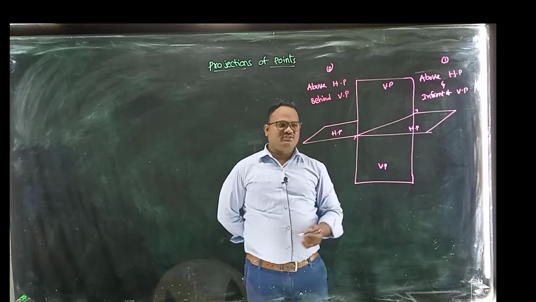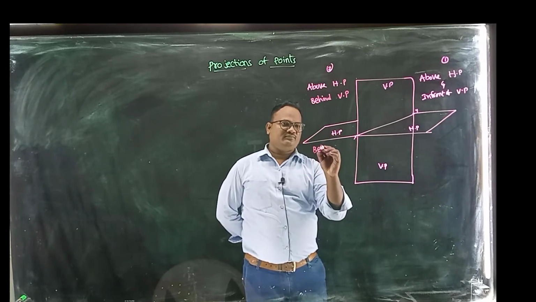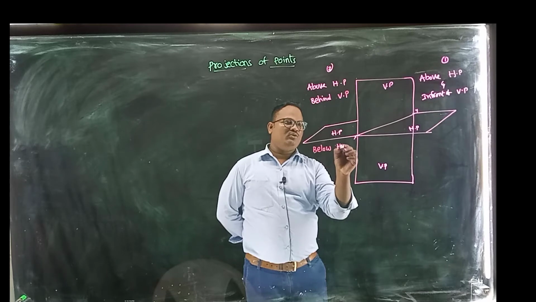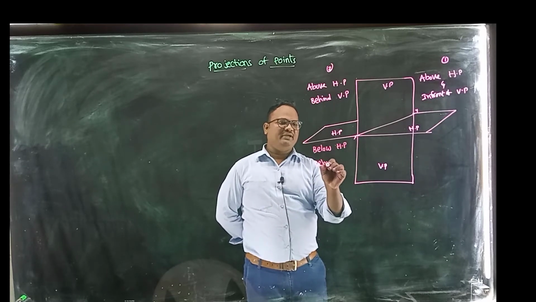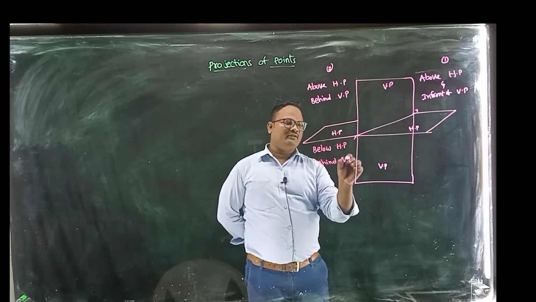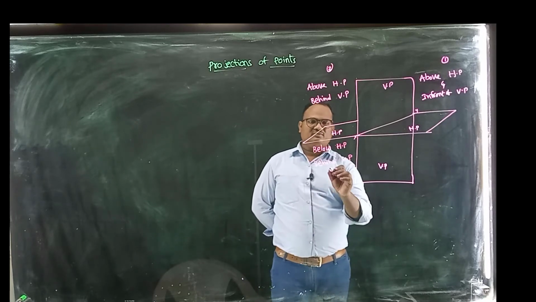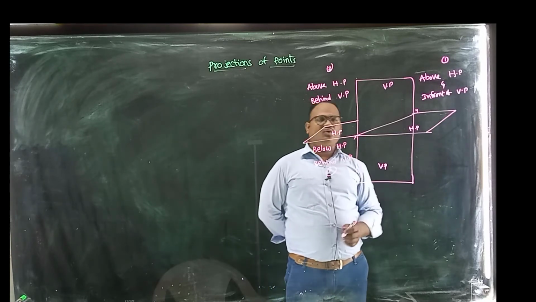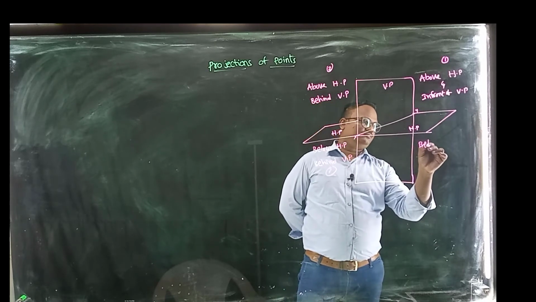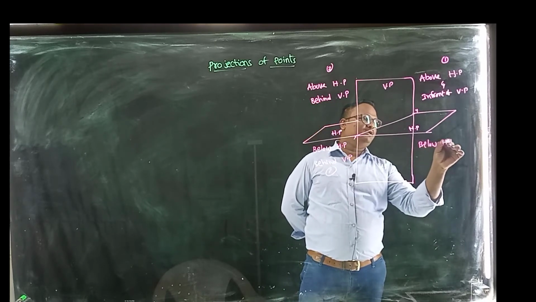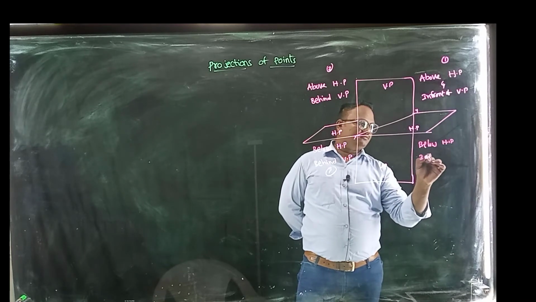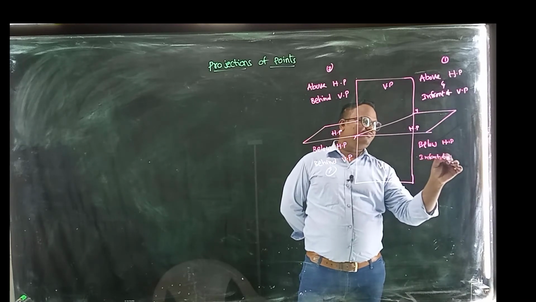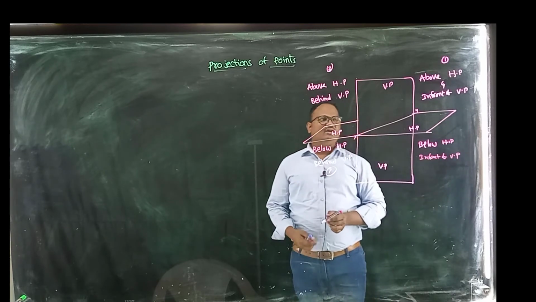Coming to the third one: below the horizontal plane and behind the vertical plane. Coming to the fourth: below the horizontal plane and in front of the vertical plane. So this is the fourth.